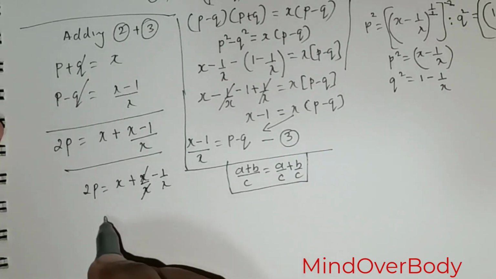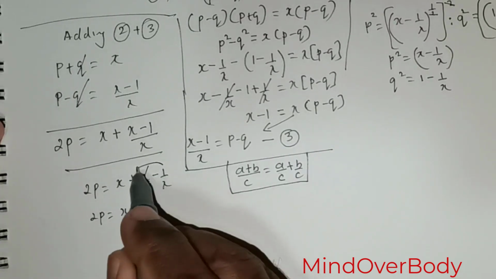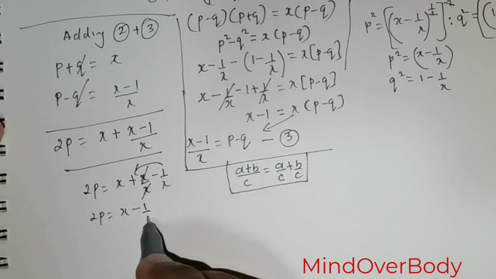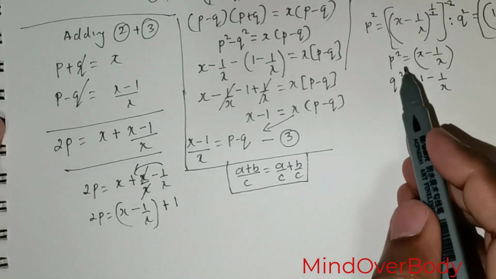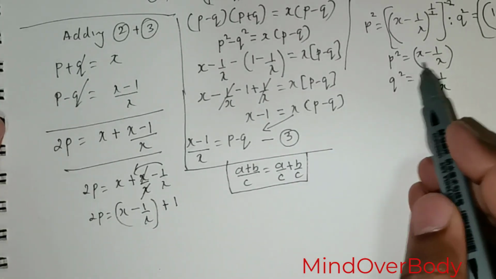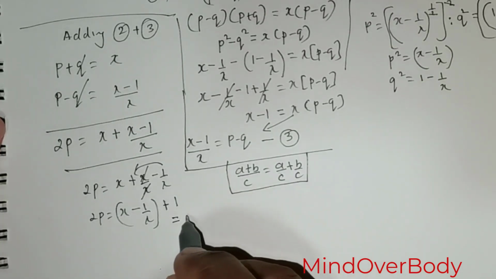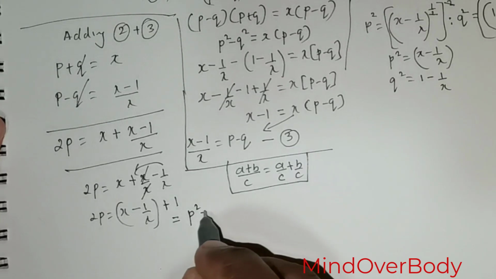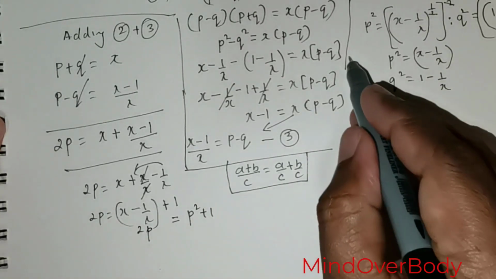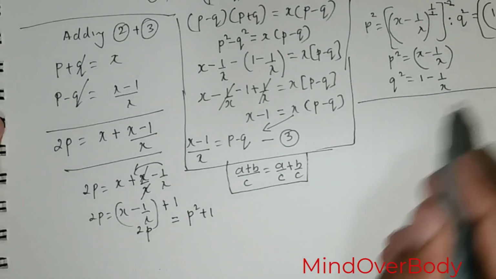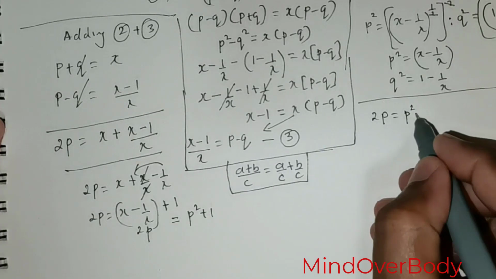Now the x can be cancelled, giving me 2p = 1 + (x − 1)/x. Now clearly you know that (x − 1)/x is p², so I would rewrite this as p² + 1, and on the left I've got 2p. So I've got 2p = p² + 1.